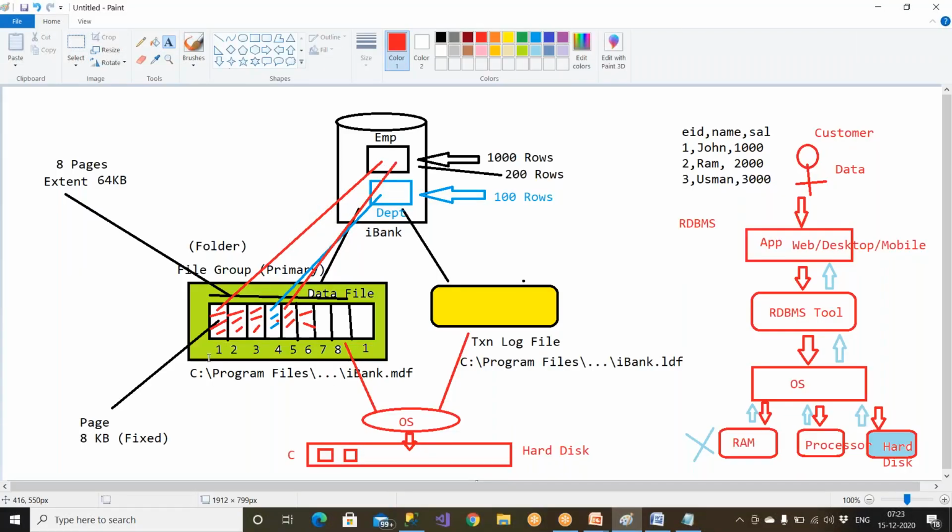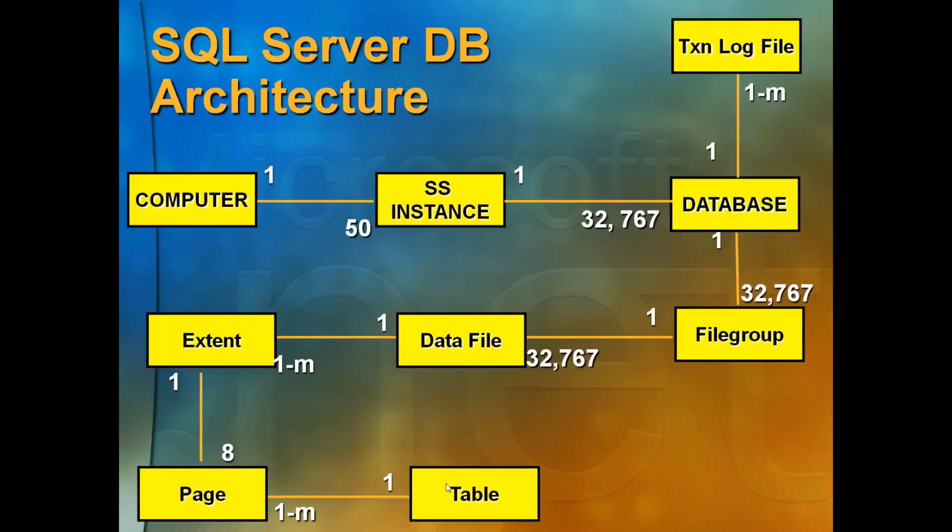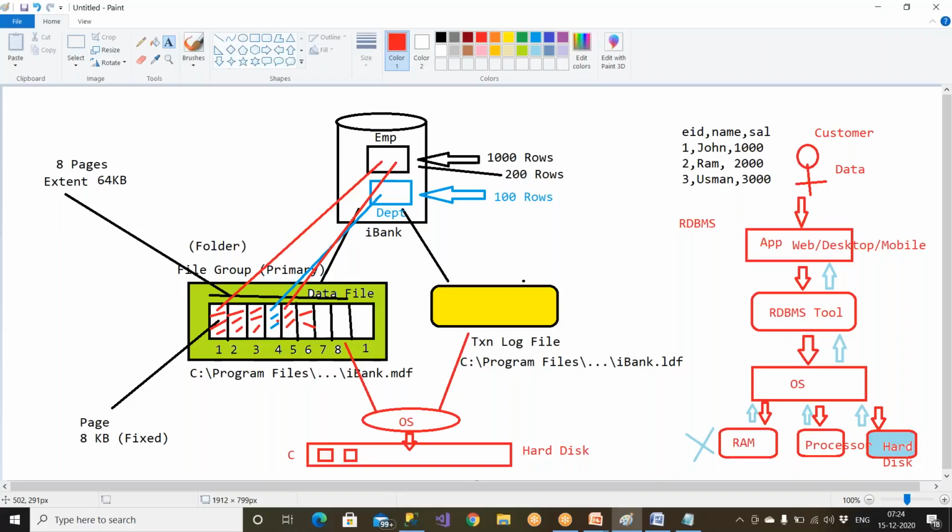These pages are part of an extent, which is part of a data file, within the file group, within the database, which is part of a SQL setup. The setup is available in your computer if you do the reverse engineering. Clear, guys? So always you need to understand.